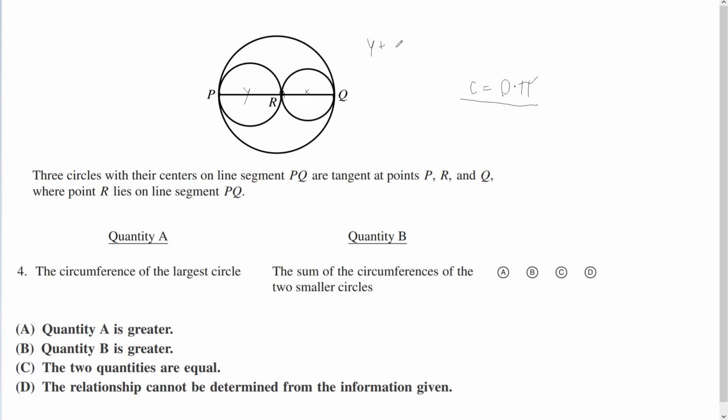So y plus x equals the diameter of the largest circle. Y equals the diameter of the middle circle, this circle right here. And by middle I mean it's not the largest, it's not the smallest. And then x is equal to the diameter of the smallest circle.